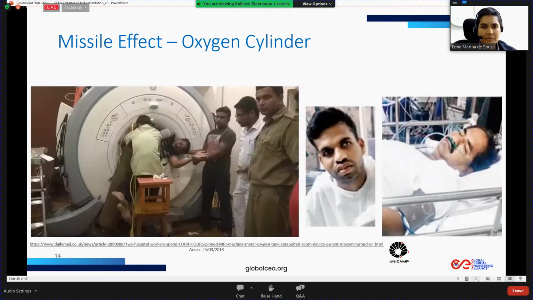Next. In this case, again with an oxygen tank, the patient's companion was hit by the tank, which led to bladder rupture, a serious accident in India. Next, please.